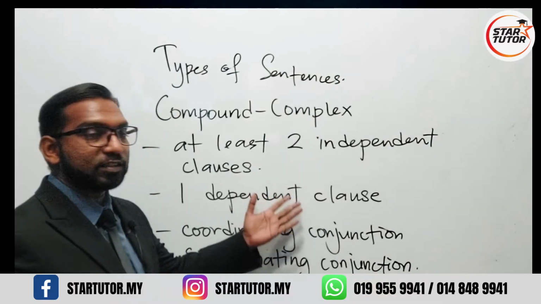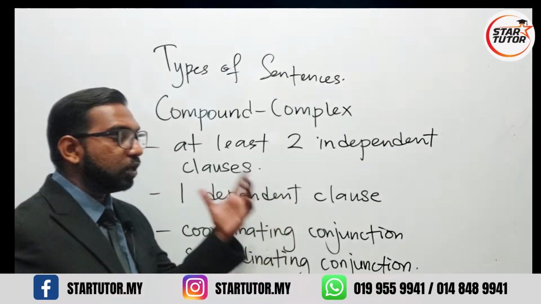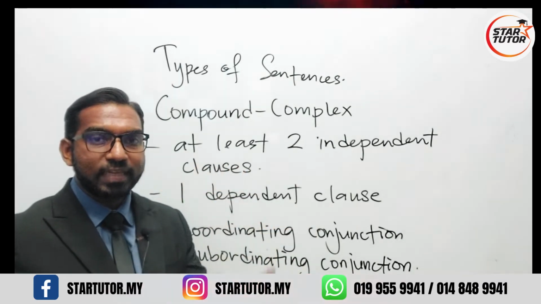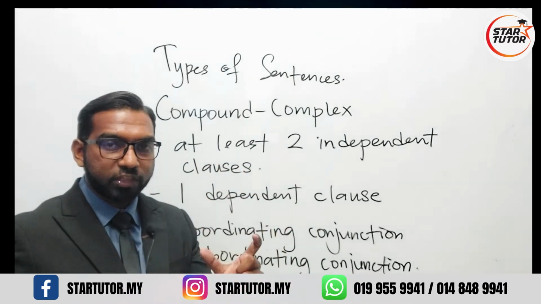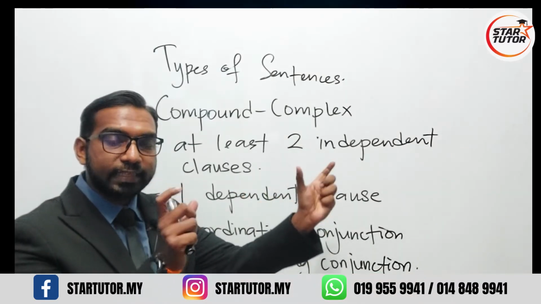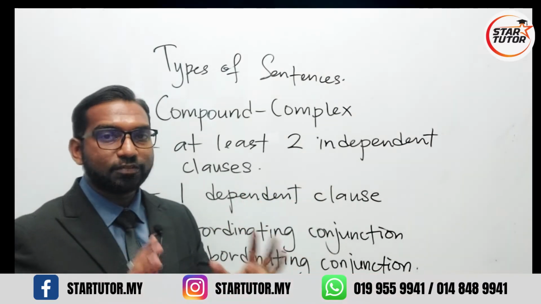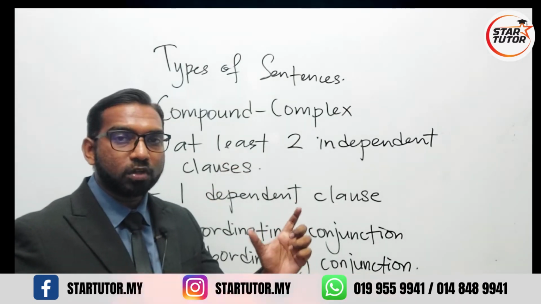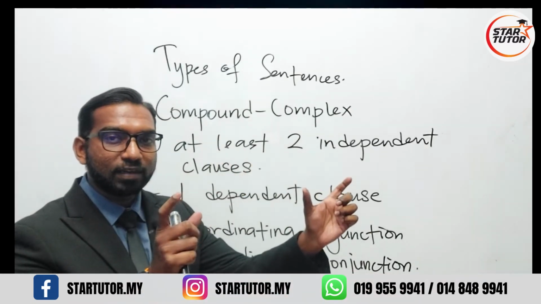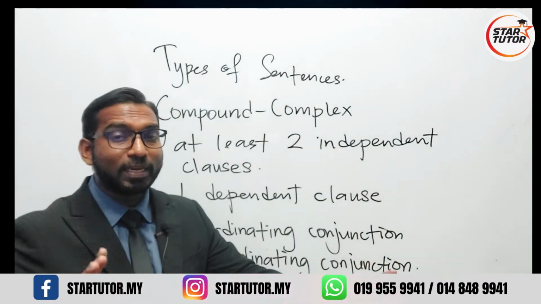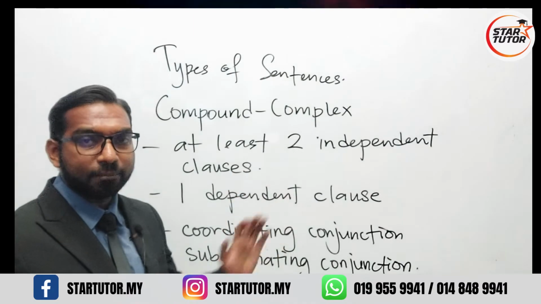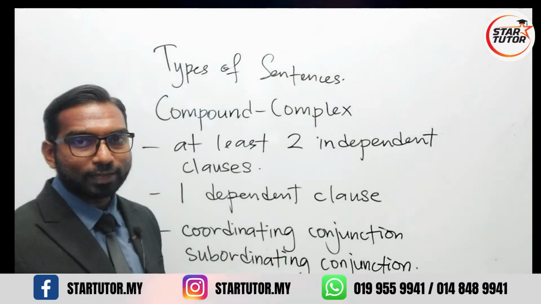Because as I have explained before, in order for a dependent clause to be complete, you need subordinating conjunction so that they get connected to the independent clause. That is the function of subordinating conjunction, to help the dependent clause stick to the independent clause and form a complete sentence.